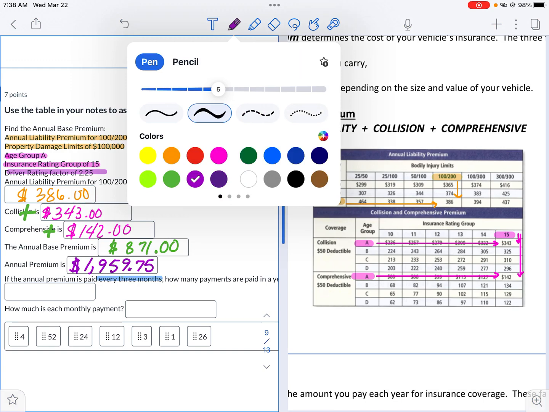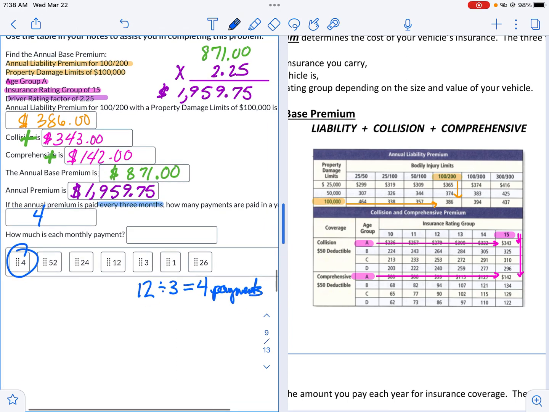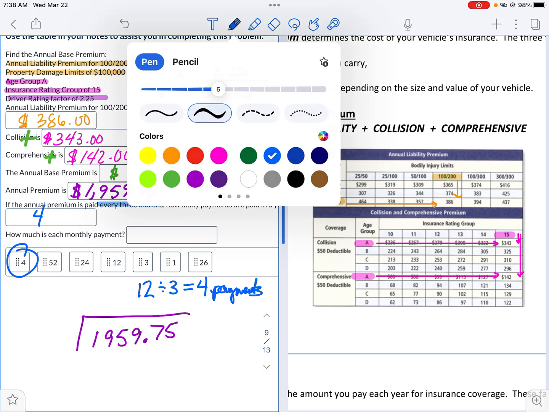So if I take a payment every 3 months, that's 12 months divided by 3 months. That means I'm going to make 4 payments. So I'm going to take that number, 1959.75, and I'm going to divide that number by 4.